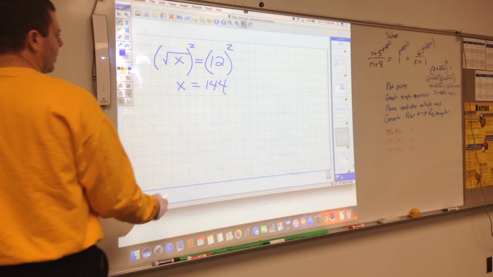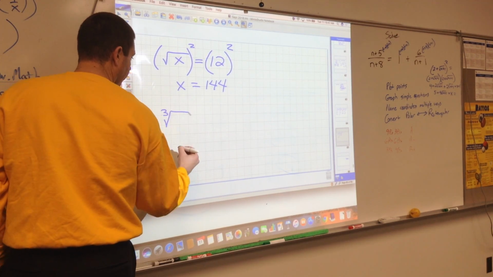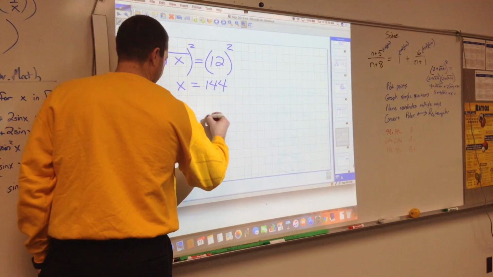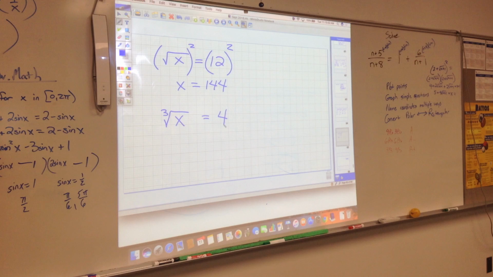Okay. What if I had the cube root of x equals 4? What would I do to both sides? Raise it to the third power.